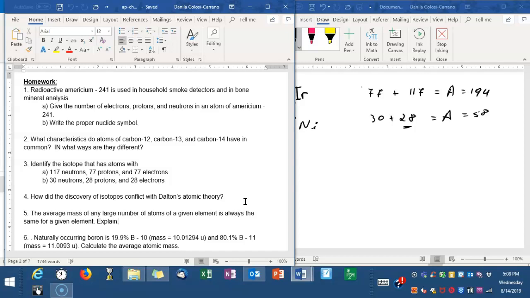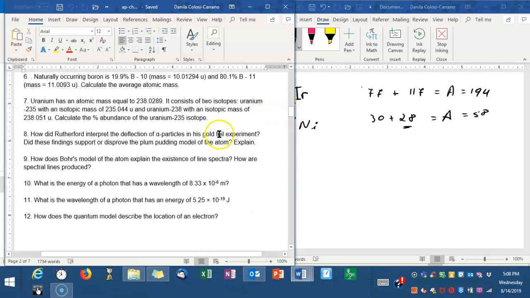And then number 6, naturally occurring boron is 19.9% boron 10 with a mass of whatever you see, and 80.1% with a mass of this one. Calculate the average atomic mass. And again, you do 19.9% of this mass and 80.1% of this mass, and you just do your calculation.